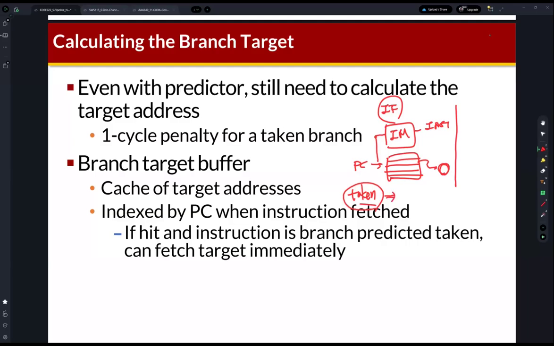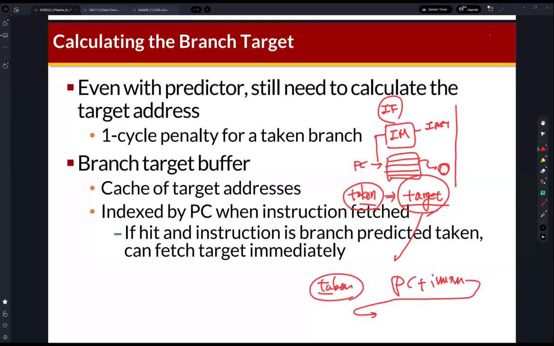We need to know the target of a branch instruction. So if the branch is taken, then we just calculate the target of the branch, like the PC plus immediate value, and then this needs to be updated to the PC.